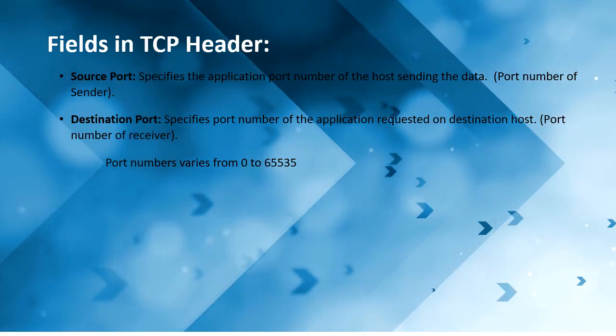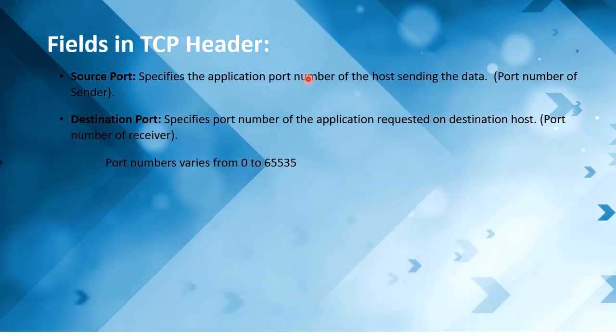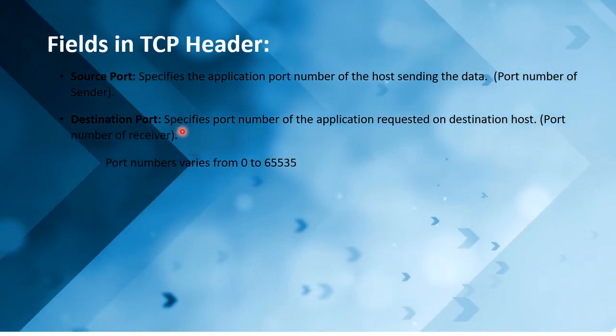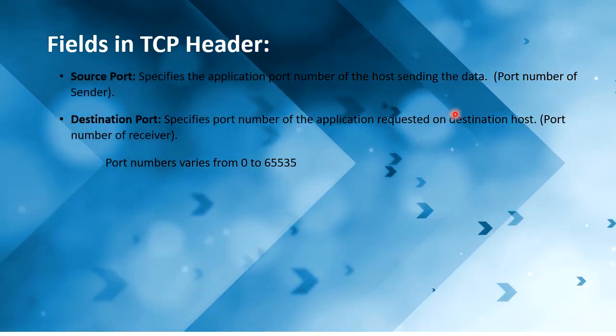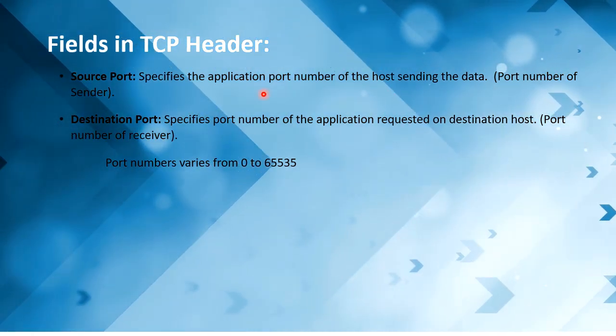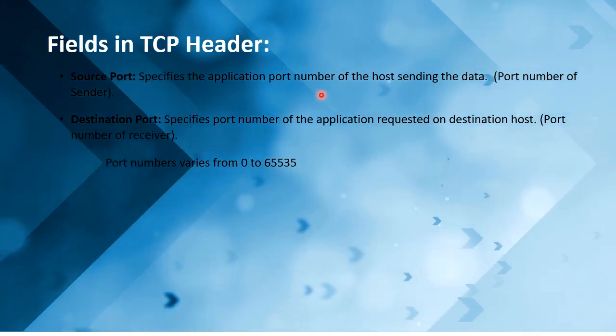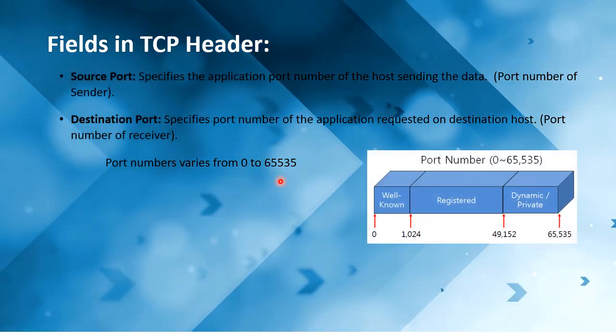Okay. From now on, we are going to discuss the fields in the TCP header. Source port and destination port are the ports belonging to the sender and receiver. It's not the sender system or device port number. It belongs to the application port number and it varies from 0 to 65535.